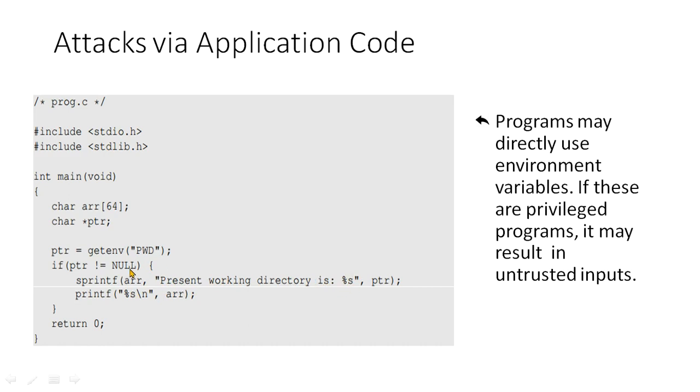We bring everything into this string, and lastly we print out the target string to the screen. So this string should look like "present working directory is", and then the working directory. So this program is very simple.